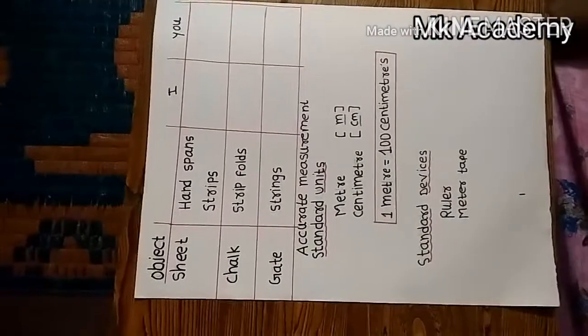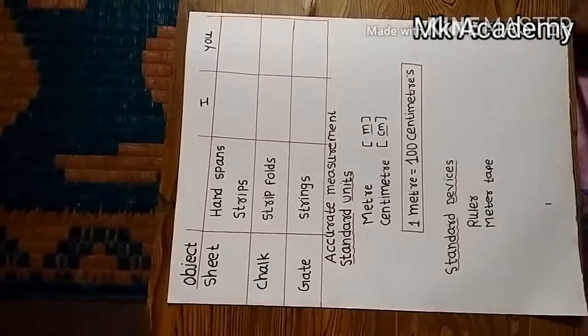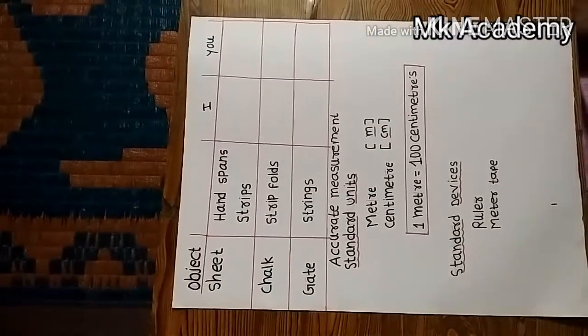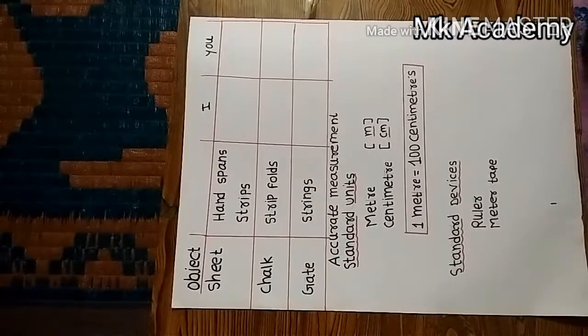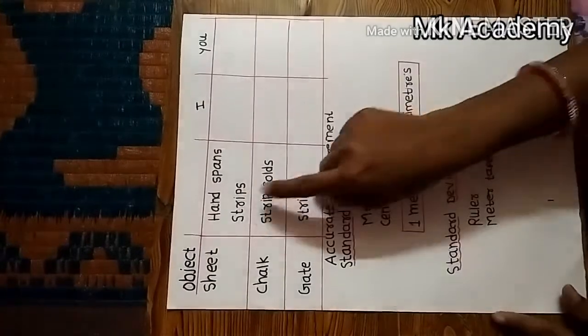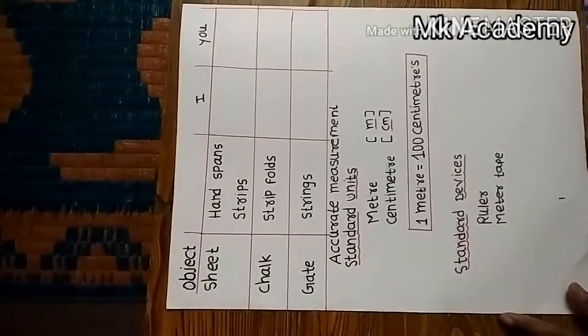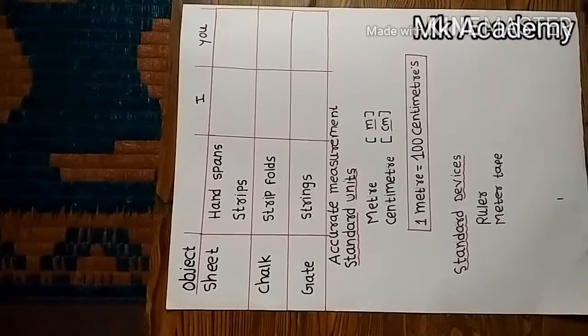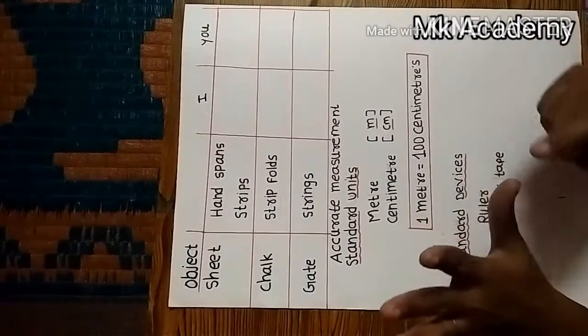Now we measure some objects by using these olden measuring units. First we measure the sheet by using hand span. Hand span means the length between the small finger and thumb.